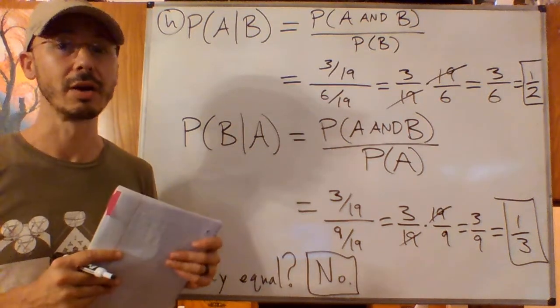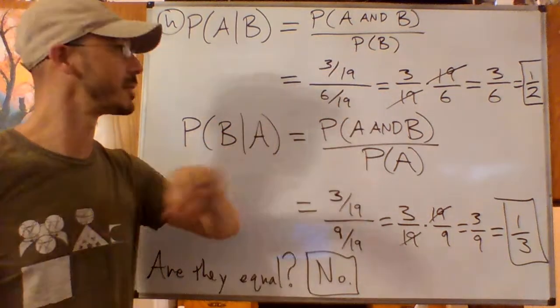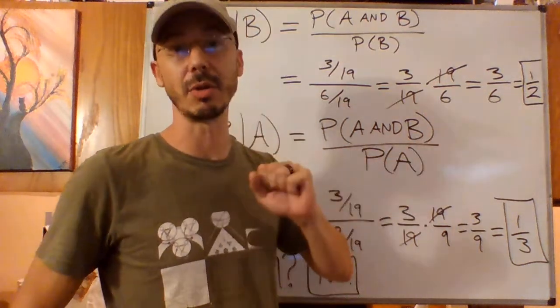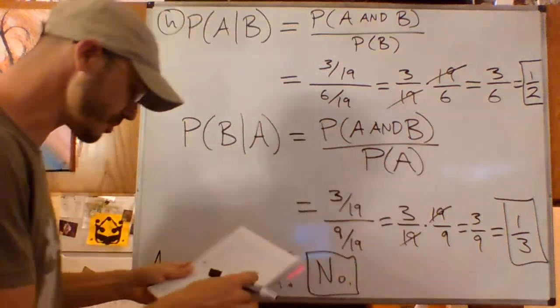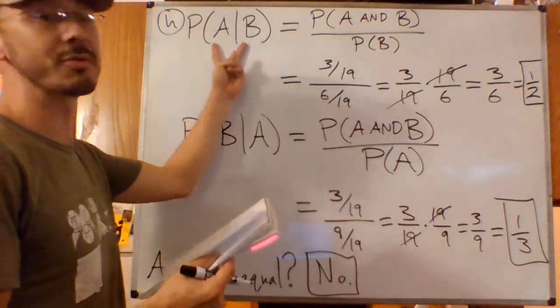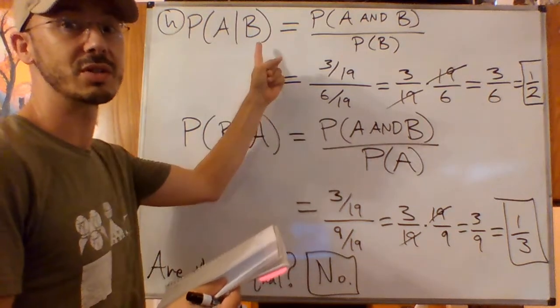They sometimes are, but sometimes they are not. And this is a case that demonstrates that they don't have to be equal. And I would say that typically they are not equal. It makes a big difference which event you're looking at and which condition you're using.